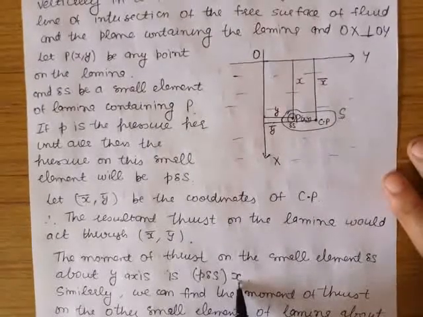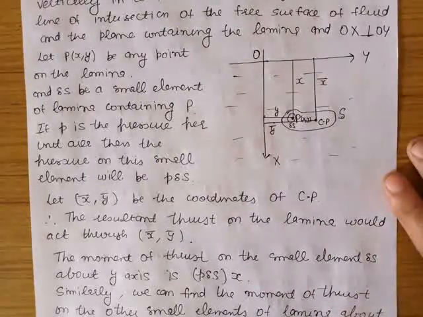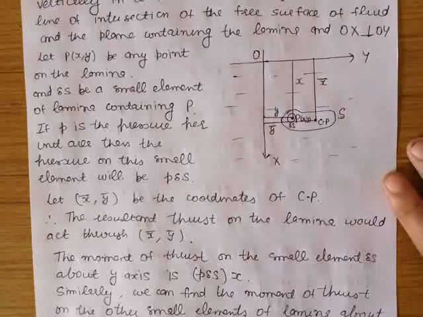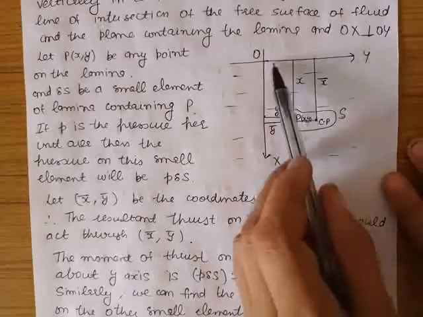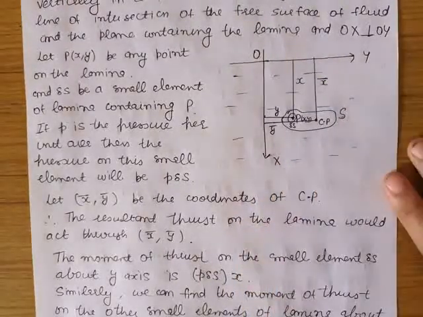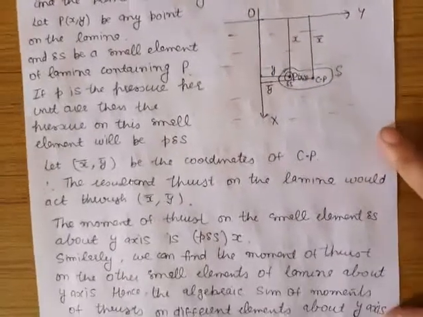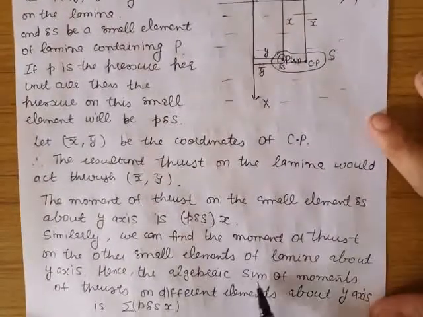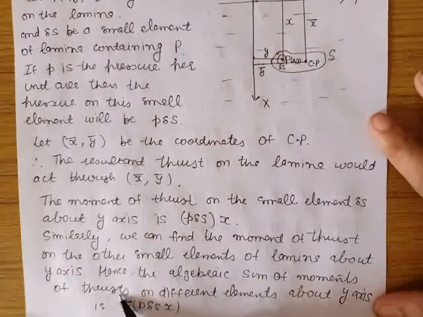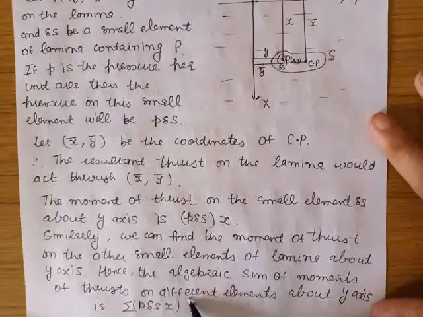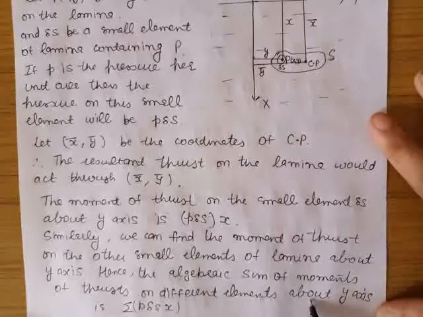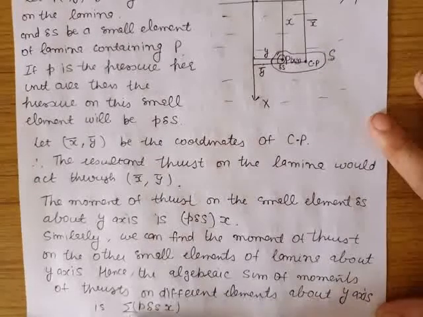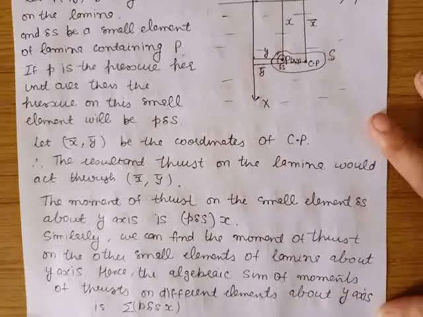Similarly, we can find the moment of the thrust on other small elements of the lamina about the y-axis, and therefore the algebraic sum of moments of thrusts on the different area elements about the y-axis will be given by summation p delta S into x.